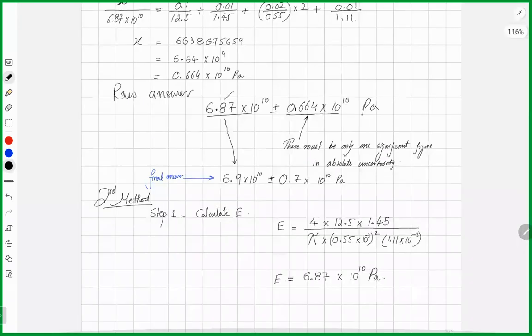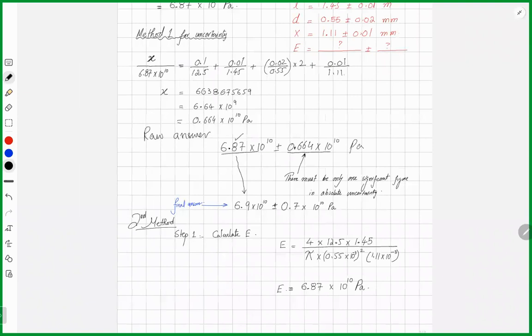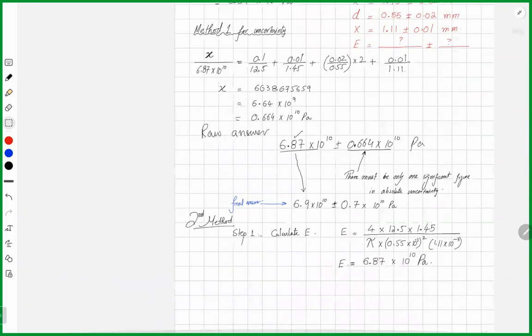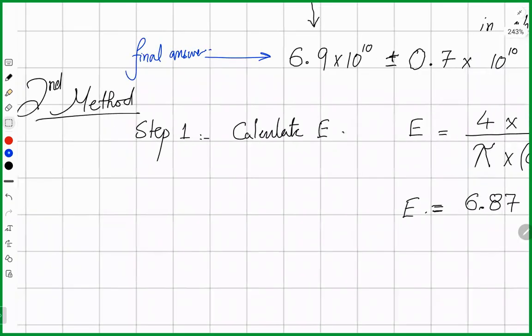Now, step 2, calculate percentage uncertainties of data.